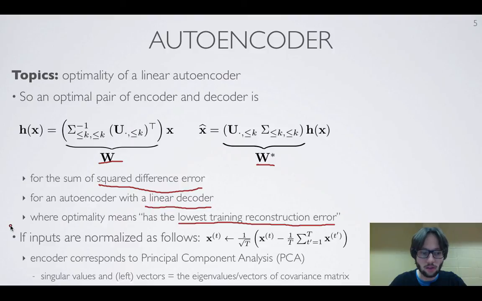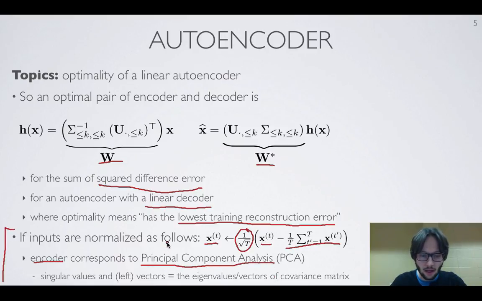And finally, to finish up, I'll just mention that if we normalize the inputs, such that we take each input and subtract the average of all training inputs, and then also divide by this factor here, then we can actually show that the encoder corresponds to principal component analysis.